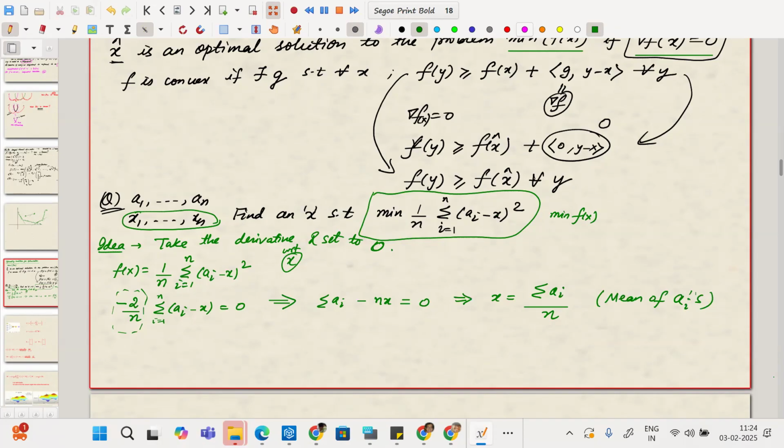But suddenly when you took a data set and you want to minimize, this function will definitely come in data science concepts, mainly in regression. When you want to reduce the error between the actual data set and your regression line, you have to minimize that. Given a set of data points a1 to an, the best candidate to minimize that loss is the mean of the data set.